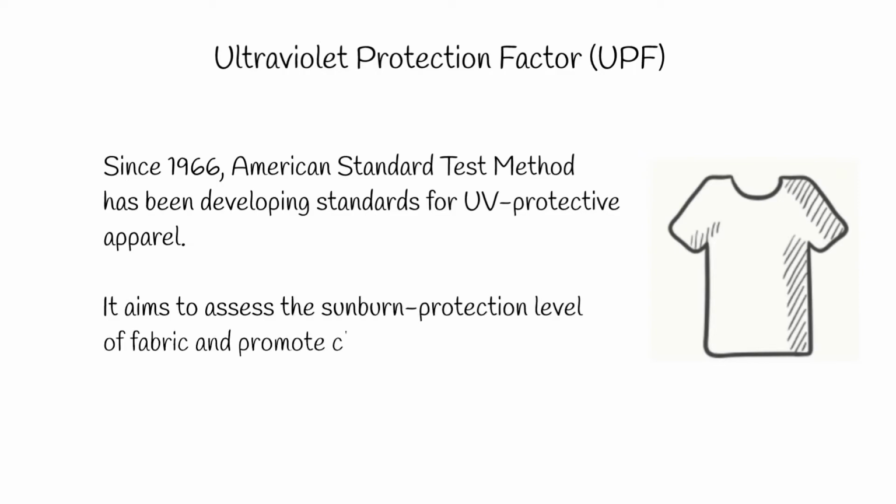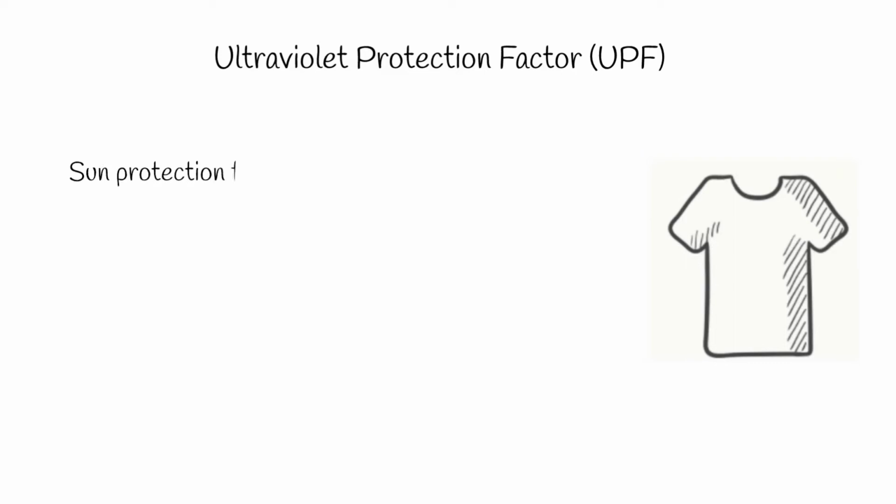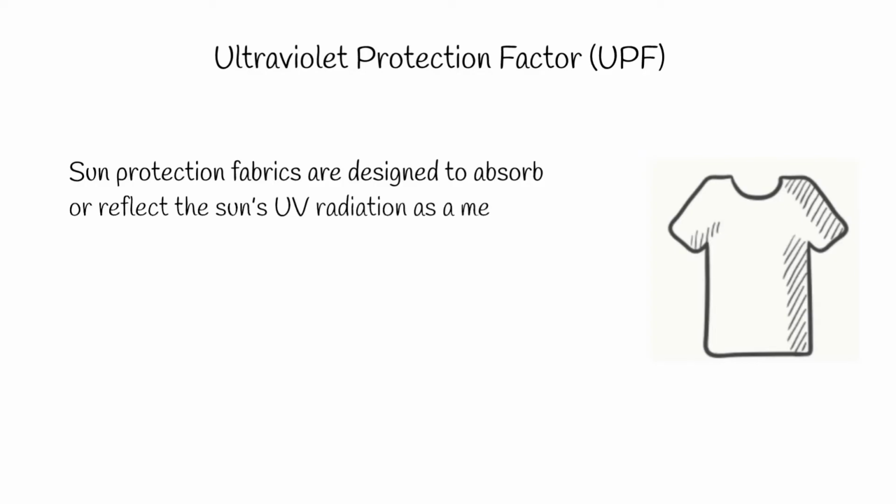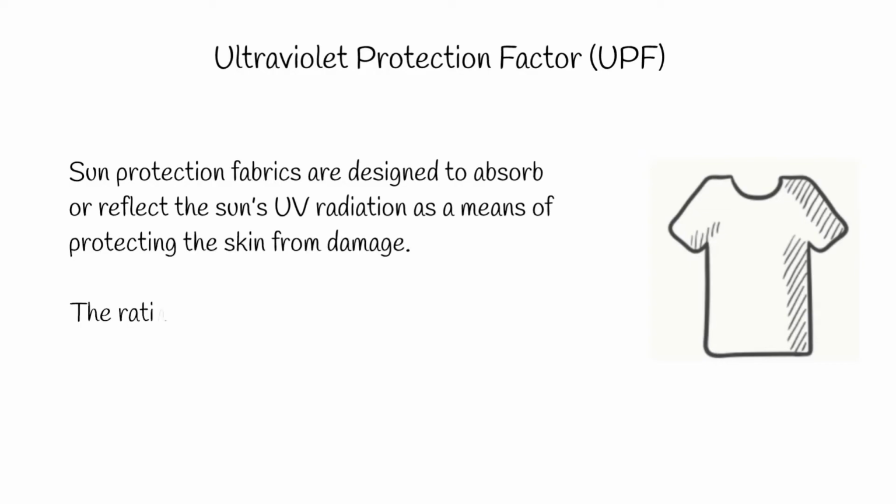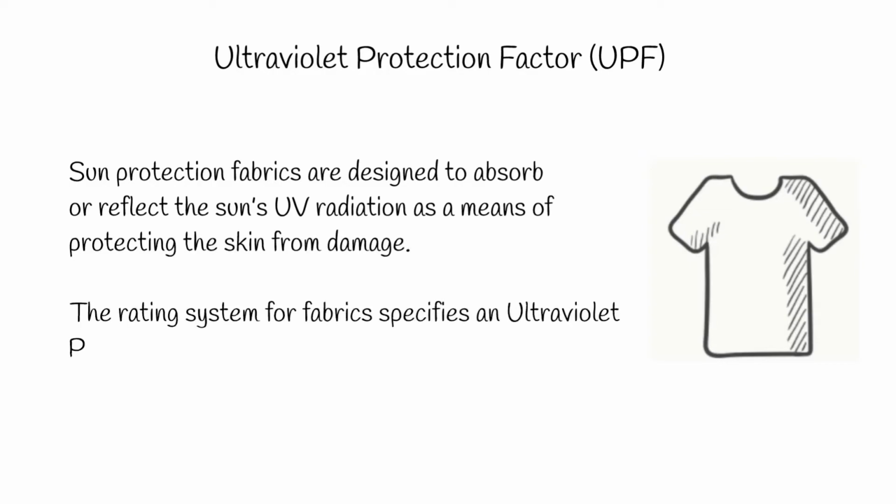It aims to assess the sunburn protection level of fabric and promote clear and consistent labeling for sun protection. Sun protection fabrics are designed to absorb or reflect the sun's UV radiation as a means of protecting the skin from damage. The rating system of fabrics specifies an ultraviolet protection factor, UPF, value.